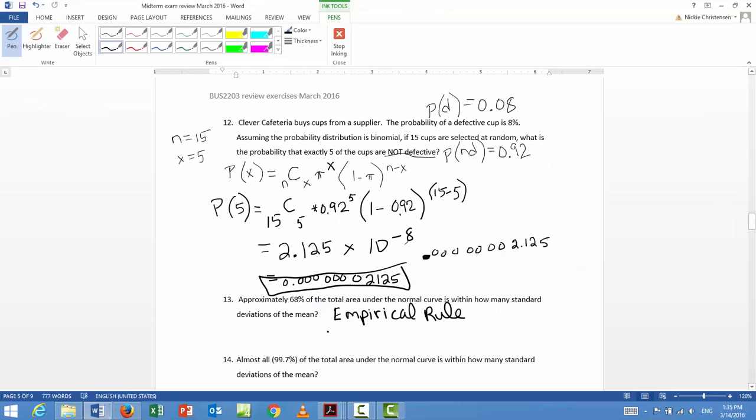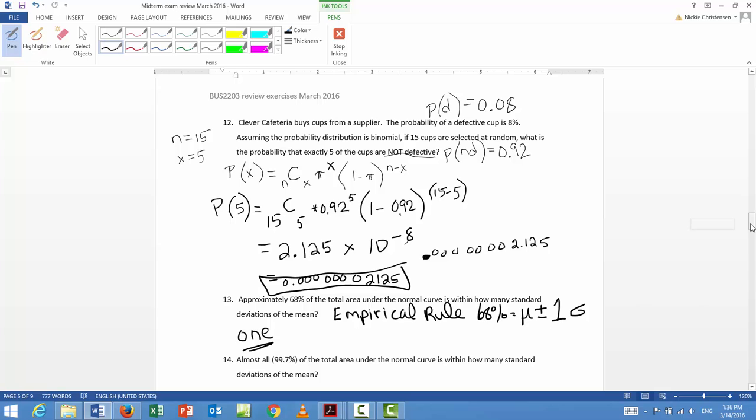So the empirical rule tells us 68% of the data is always between mu plus and minus 1 sigma. So the question asks, within how many standard deviations of the mean? Well, 1, within 1 standard deviation.